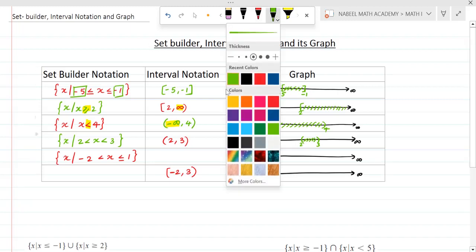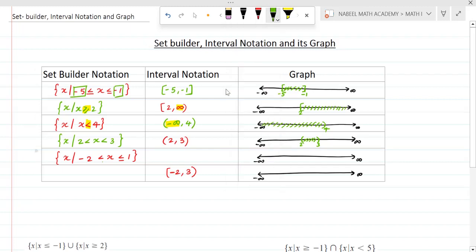Now the next question, we have minus 2 to 1. Here is a tricky one: one is less than, and the other is less than or equal. Let us check the graph. This is minus 2 and 1 here. Minus 2 is open, and 1 is closed, which is included.